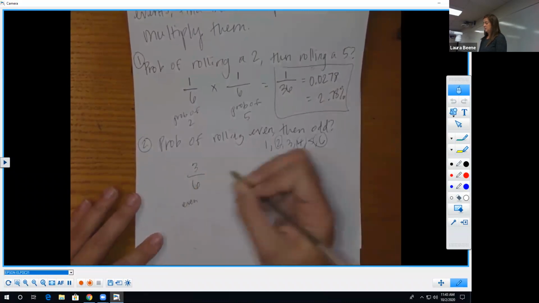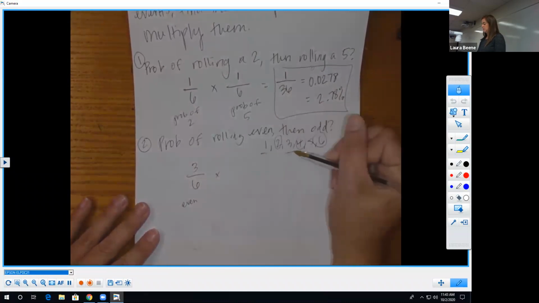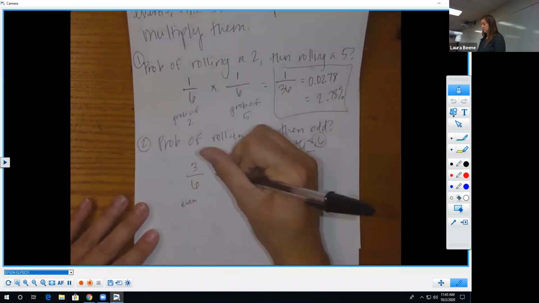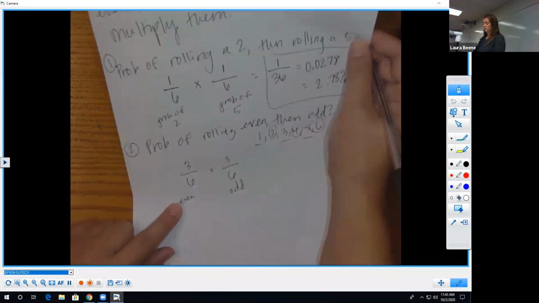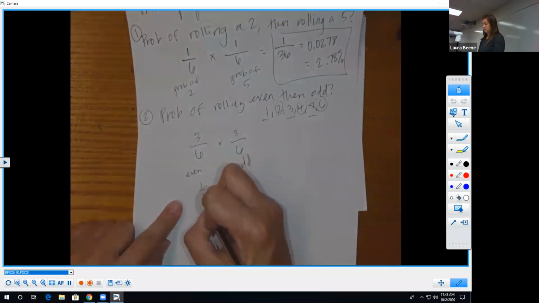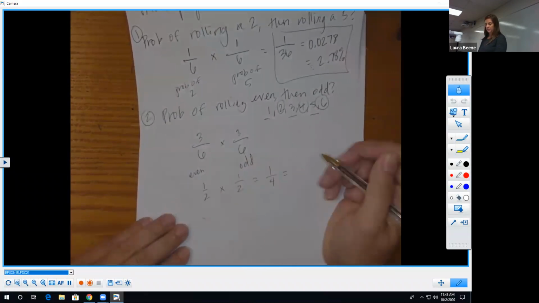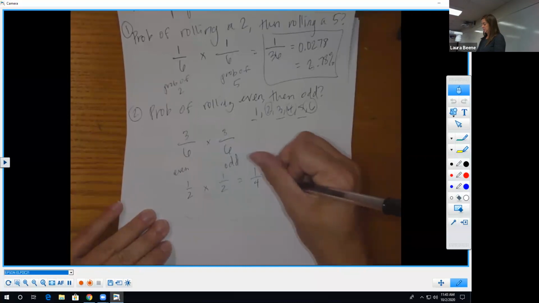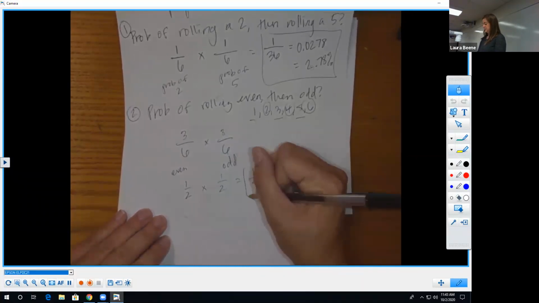So this is even. How many odd numbers? I'm going to multiply this by, there's 1, 3, 5. So there are 3 odd numbers also out of 6. This is odd. When I multiply this together, I'm going to go ahead and reduce these fractions first. 3/6 is the same thing as 1/2. Times 1/2 is 1/4, and 1/4 is 0.25 as a decimal, which is 25%.